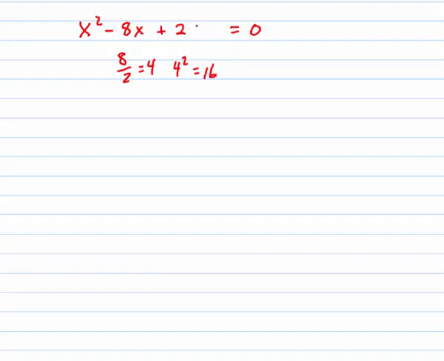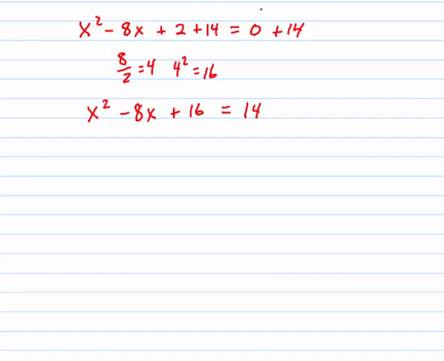So we want 16 here, so we'll add 14 to both sides. Okay, so we get x squared minus 8x plus 16 is equal to 14.